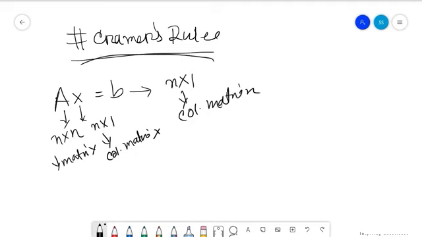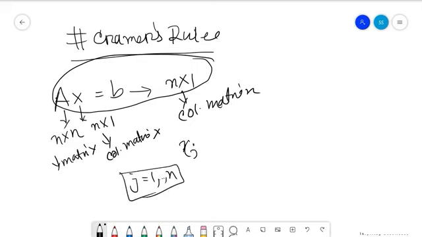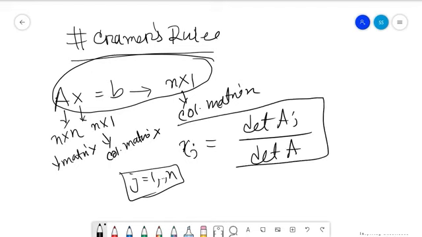For this type of system, the solution for any variable j, where j runs from 1 to n, will be given by the determinant of Aj, that is the replaced column matrix, divided by the determinant of A. And this will be it for today.